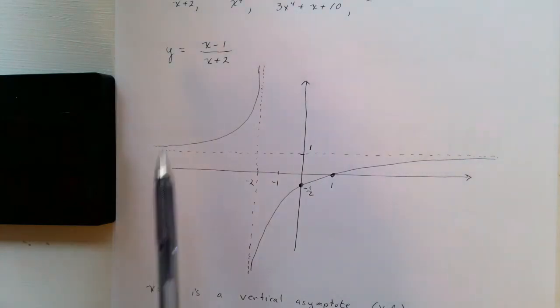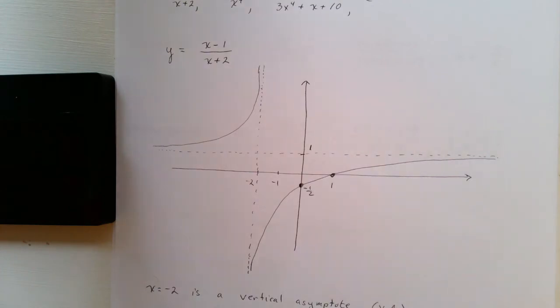For example, in this example, the graph is defined by y equals x minus 1 divided by x plus 2. That's certainly a rational function. It's a fraction of polynomials. And we can see that two things are happening here that don't happen with polynomials. We have a vertical asymptote at -2.